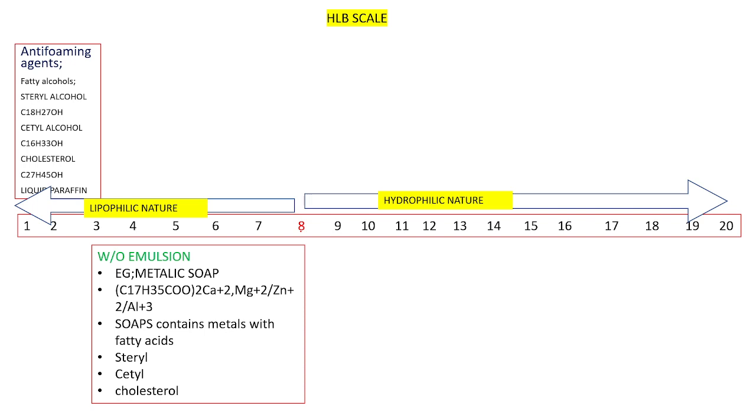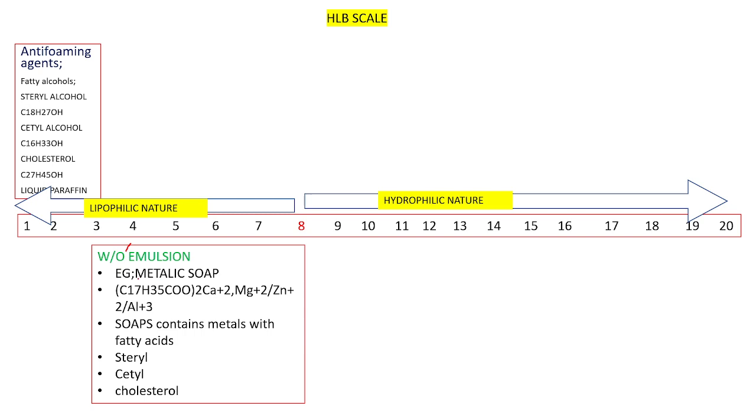Next are water in oil emulsifying agents. If we want to stabilize a water in oil emulsion, here oil is the continuous phase. Since oil is lipophilic in nature, we need to select lipophilic surfactants. What are those lipophilic surfactants?